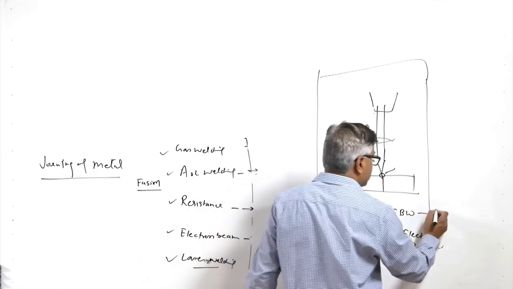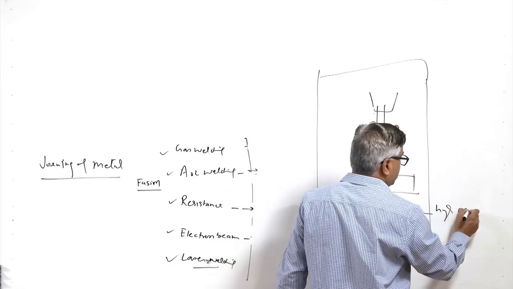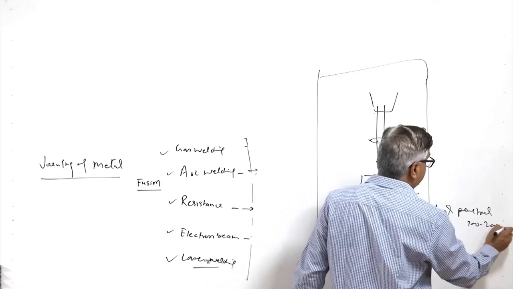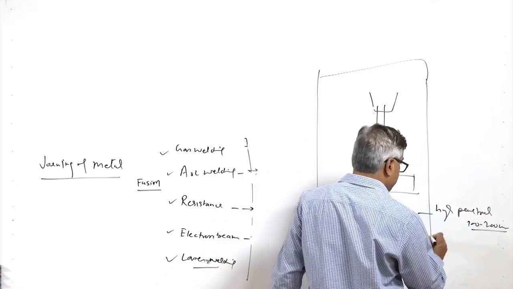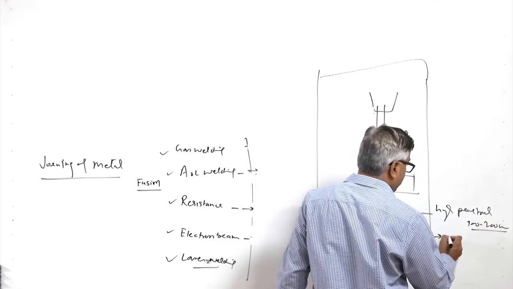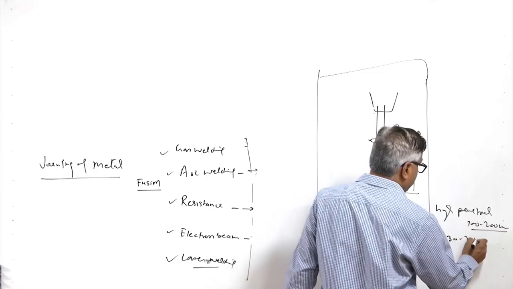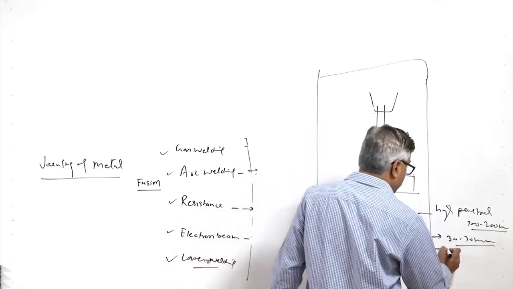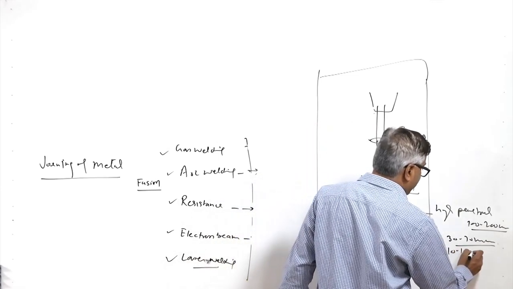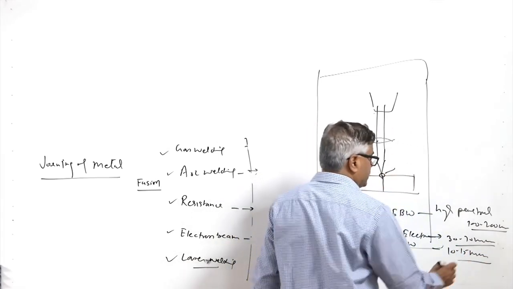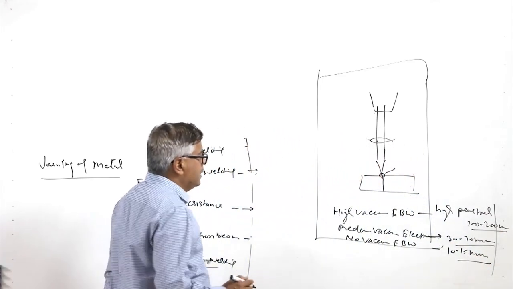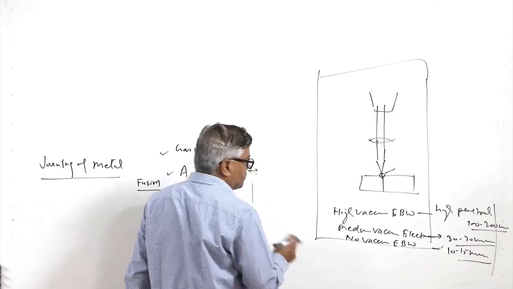The high vacuum results in high penetration, like 100 to 200 mm in thickness. Medium vacuum results in somewhat lower penetration depth, like 30 to 70 mm, and no vacuum gives like 10 to 15 mm thickness of penetration.